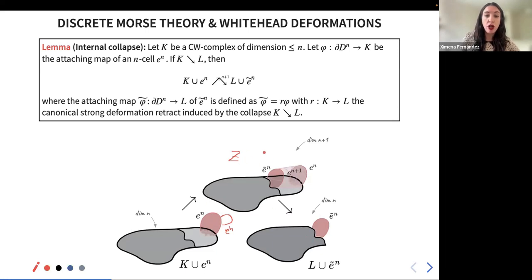But if you keep track of this intermediate complex, you have here an inclusion, and also here you have a retraction, and then you can compose the original attaching map of E prime with these two maps, and then you have a new attaching map, let's say here, E prime tilde. And then you can also construct again an intermediate complex, let's say Z prime, that collapses to both complexes. So you can iterate this process.